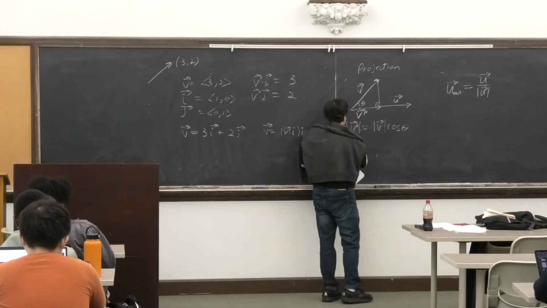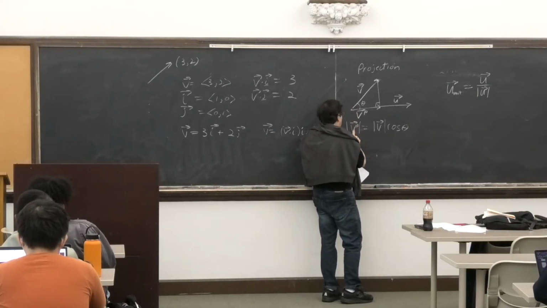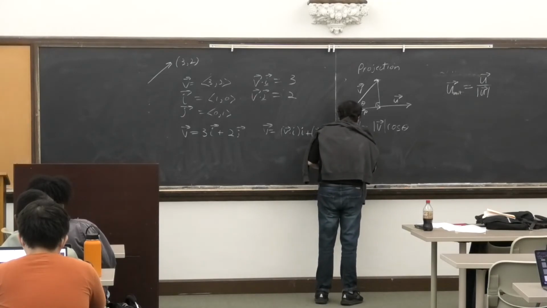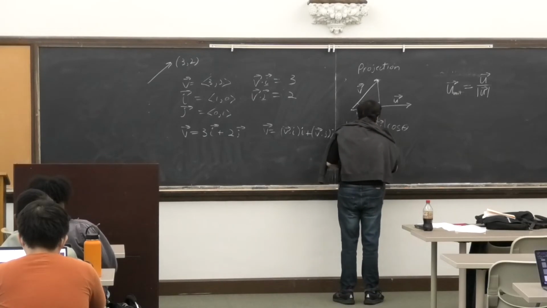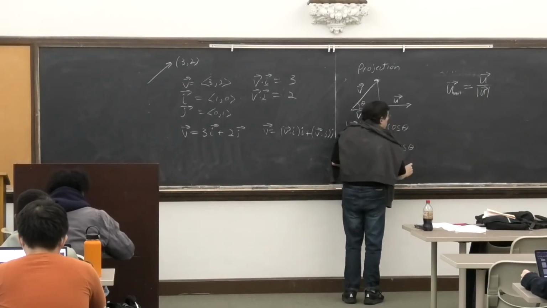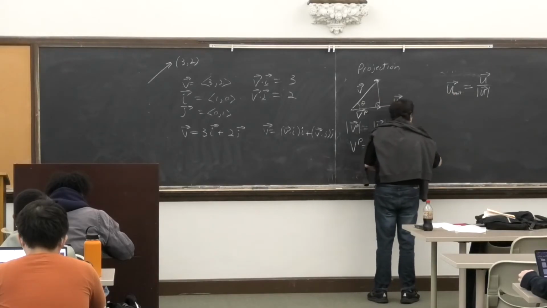So now we can take our projected vector, VP, and we can describe it. Here's its length. And we're going to multiply it by this unit vector.